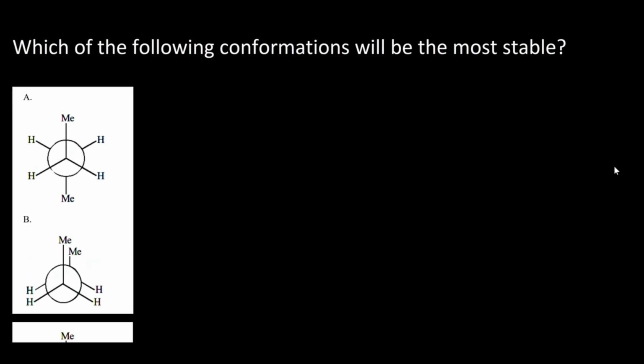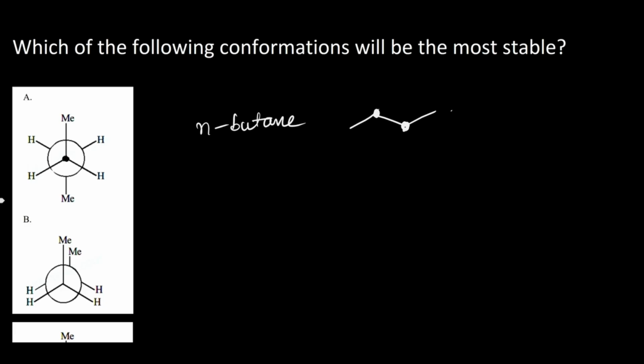Which of the following conformations will be the most stable? As you can see, this is n-butane, right? CH3, CH2, CH2, CH3. So these 2 carbons are in the front and back carbons positioned over here, right?